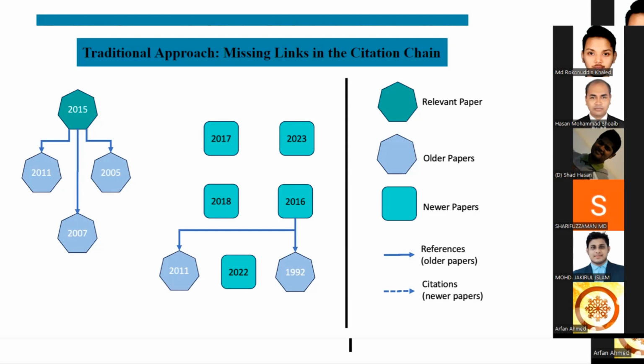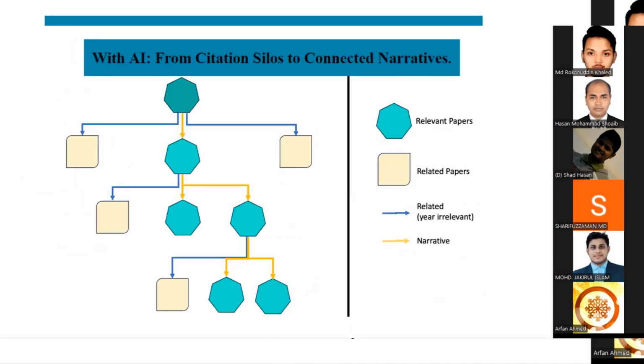So what will we do? With the traditional approach, we can have previous information, but after that paper, we don't have the information. So AI-based, citation-based information will connect the papers published after your selected publication to develop your narrative related to your article.